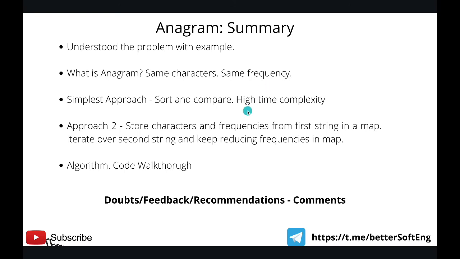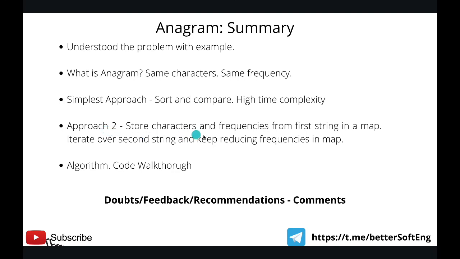We realized it had a high time complexity of big O of mod A log mod A plus big O of mod B log mod B. So we realized that this was inefficient as well, because we really did not need to sort. We only need to compare if the same characters appear with the same frequency in both the strings. So we thought about a second approach.